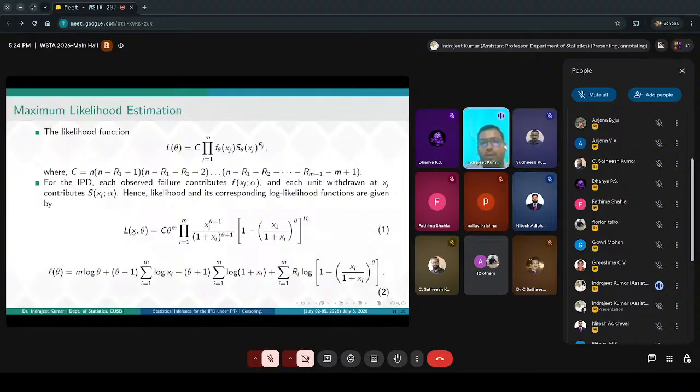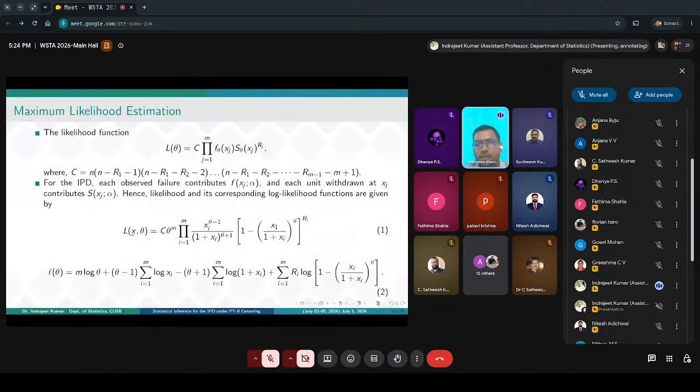Whenever we have any model, that model can be estimated through a suitable estimation technique. Like in regression, we generally use least squares estimation. Here we have the probability distribution, and we find the likelihood of the failure observations.